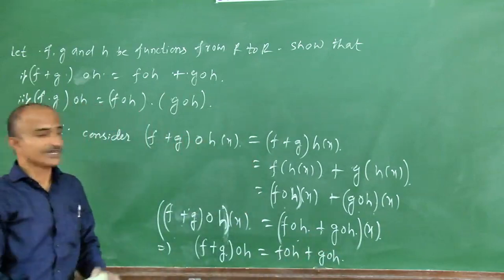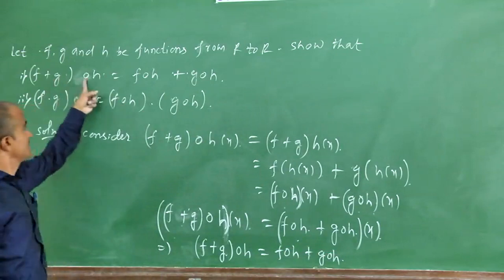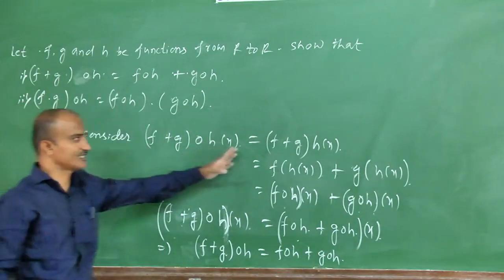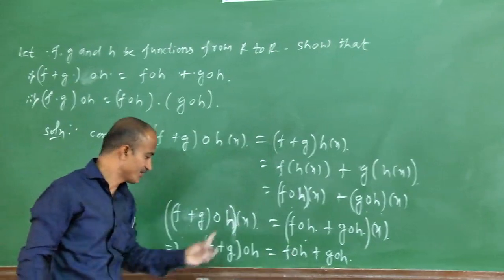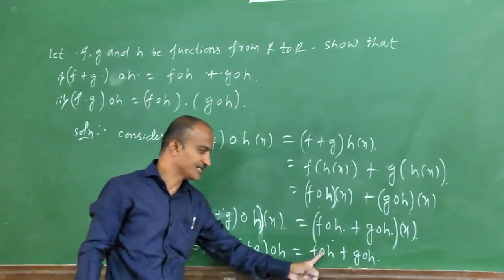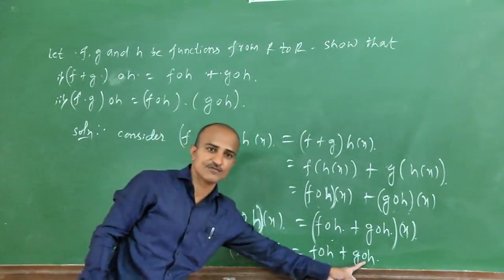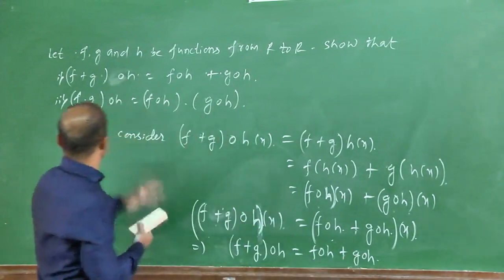Just by the definition we can show that (f plus g) composition h is f composition h plus g composition h. That is the first part.